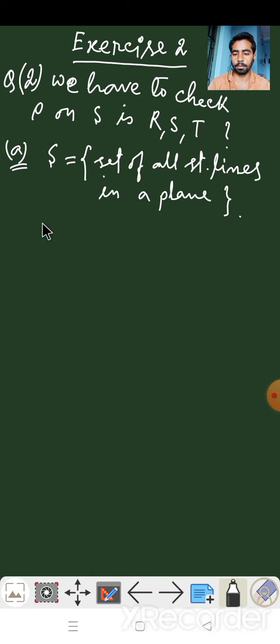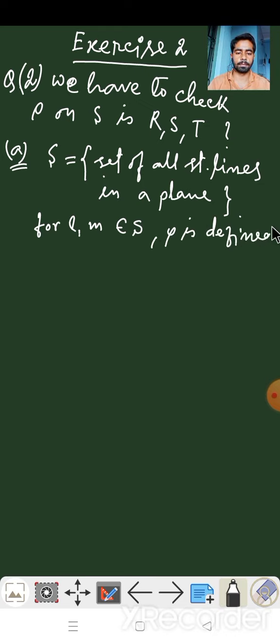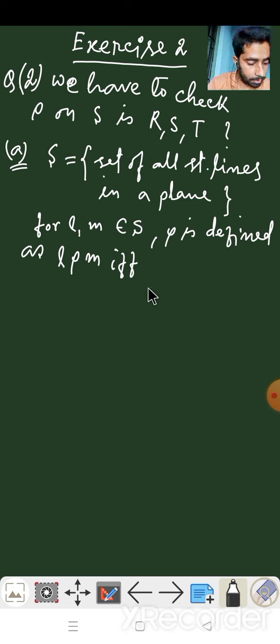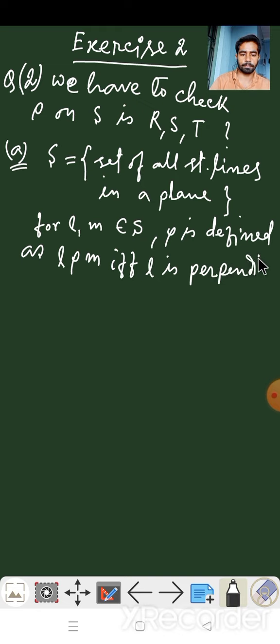For l, m belongs to S, rho is defined as: l is related to m if and only if l is perpendicular to m.